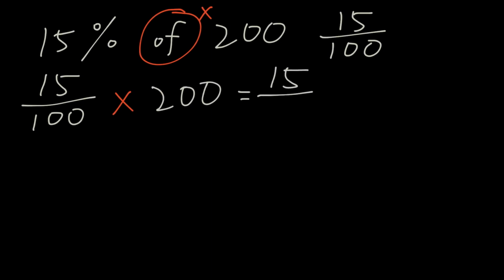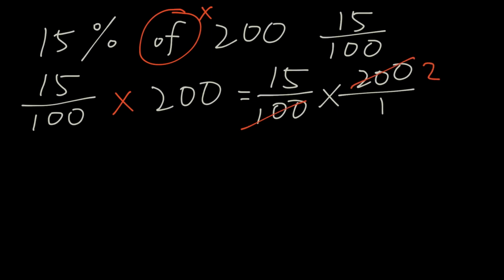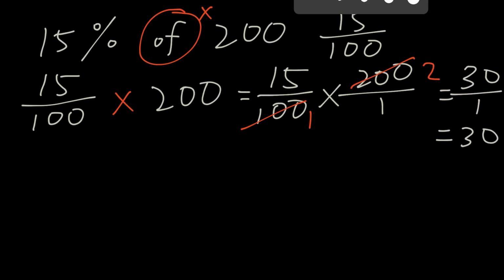So that equals 15 over 100 times by 200 over 1. And here we can simplify. This becomes 2 and this becomes 1. So 15 times 2 is 30, and 1 times 1 is 1. So the answer here is 30.